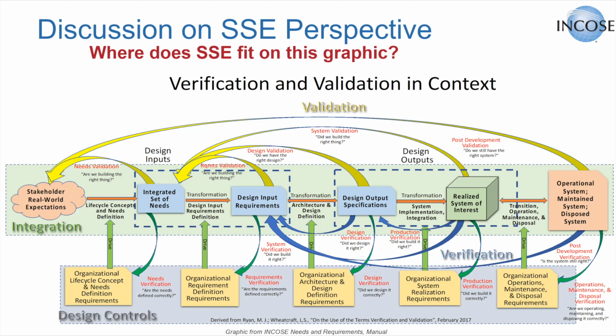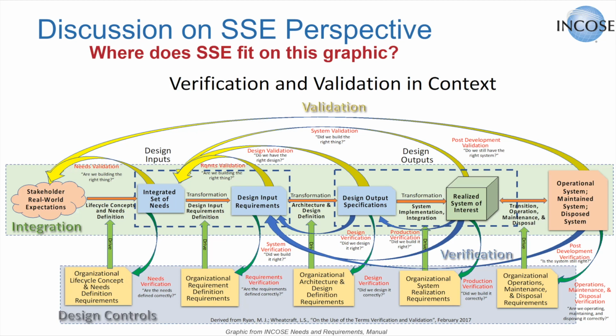Now, in this diagram, the lifecycle concepts and needs definition phase, before that, there's a lot of information gathered. And so in the needs and requirements manual, it talks about elicitation, but it also talks about identifying drivers' constraints, which includes your regulations and standards. And also, we're going to do risk assessment.